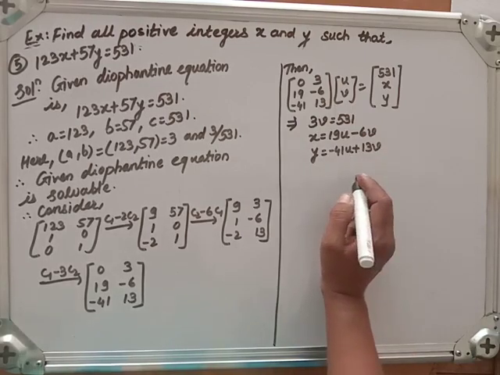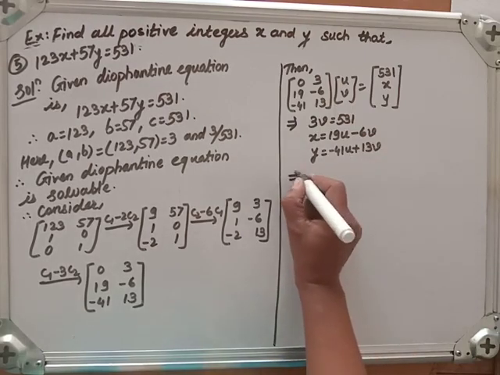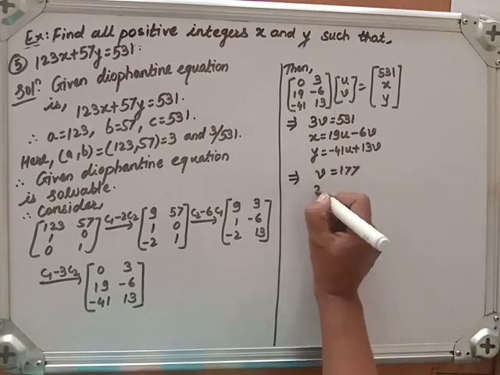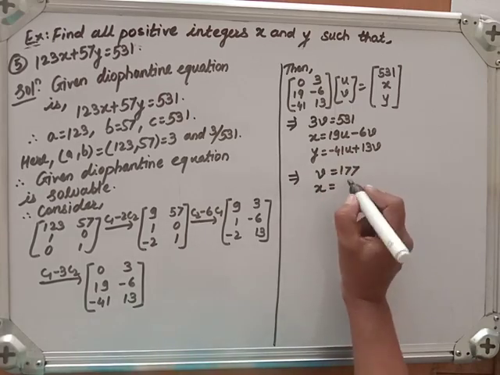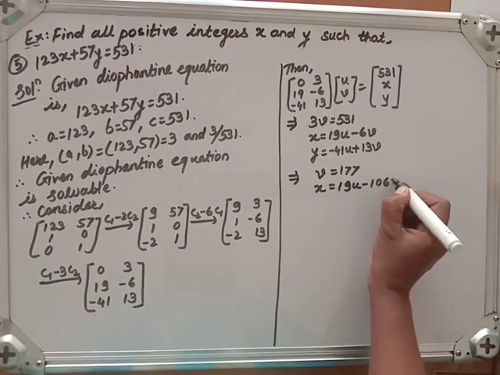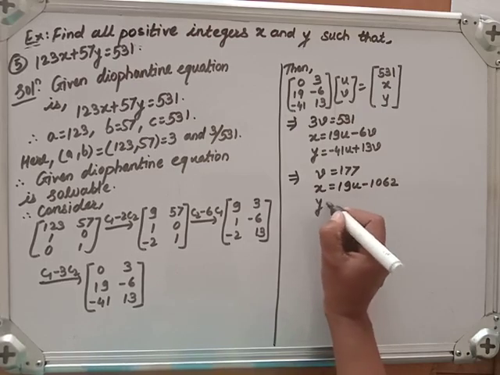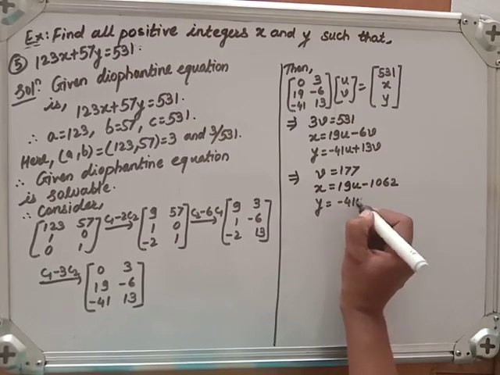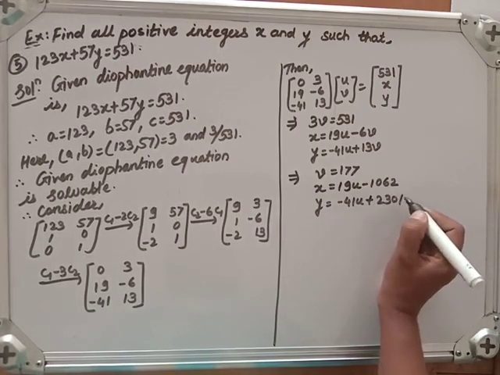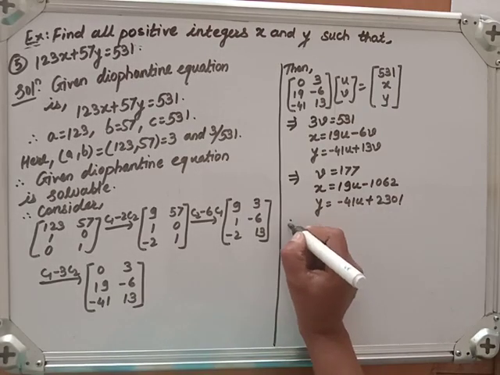So that is the same as v is equal to 177, x is equal to 19u minus 1062 and y is equal to minus 41u plus 2301.